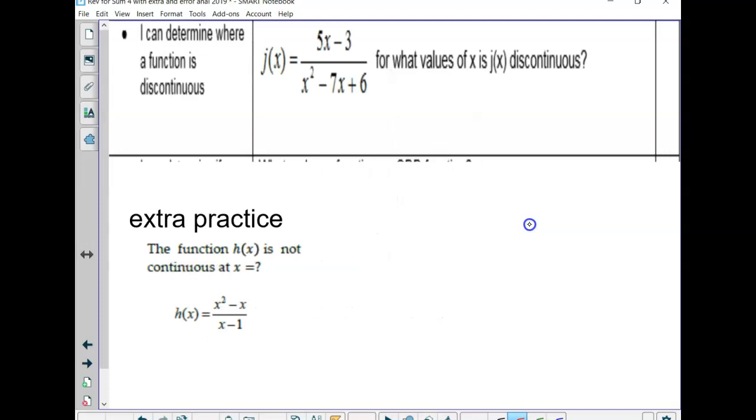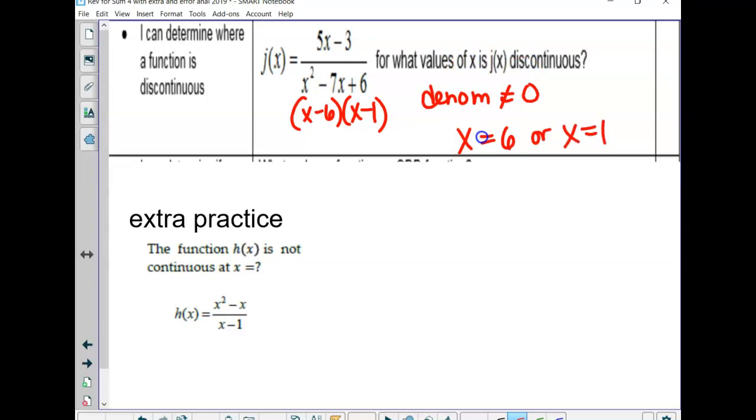How do you decide where a function is discontinuous if it is rational? Yes, the denominator cannot equal 0, so you would say it is discontinuous if x equals 6 or x equals 1.